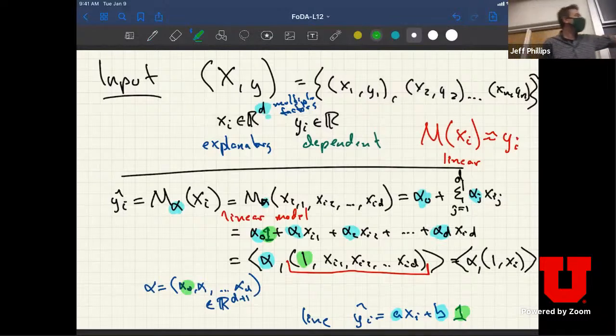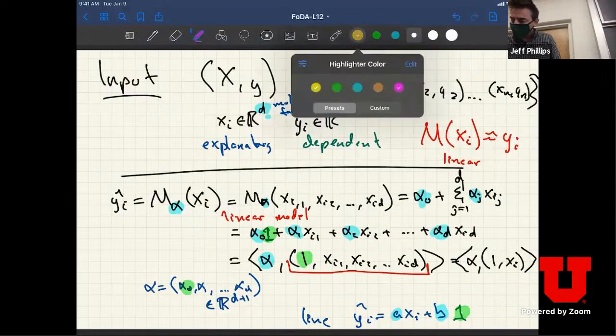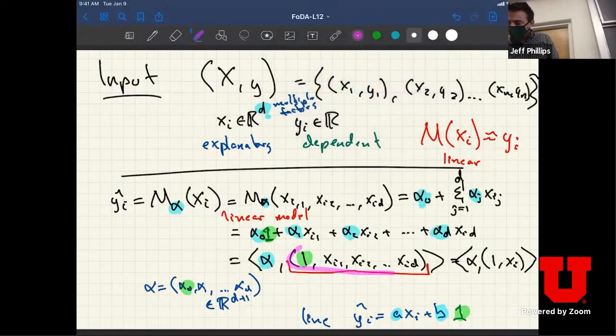But here now we've reduced it to a dot product, and we'll get a more general solution, which will say the model is just a dot product. I have data, my data here is this part that I've highlighted. This is now this data point, and I just have to take a dot product with the data point to evaluate this model.